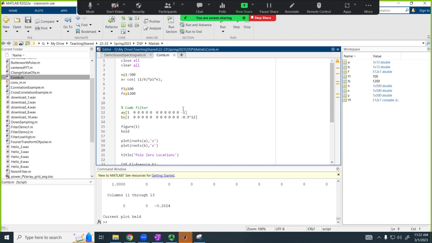What is the second method? The third method, we can do the impulse response and then do convolution. Or we can use the command in MATLAB that is called filter.